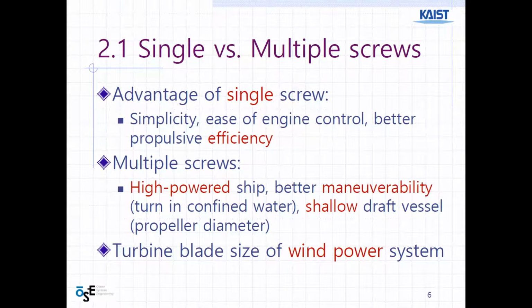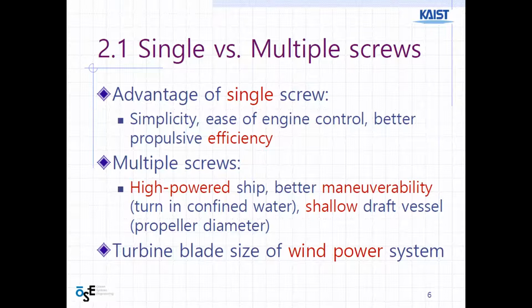This slide shows the single and multiple screws comparison. There are several advantages for a single screw. It has a very simple structure because it has one axis and one simple gearbox.